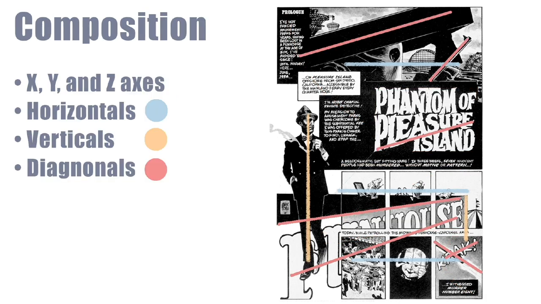Composition then. For this page, there is an arrangement and use of X, Y, and Z axes, horizontal, vertical, and diagonal. And there's a mixture of all three of these to add interest and dynamism to the page and to lead our eye across the page.